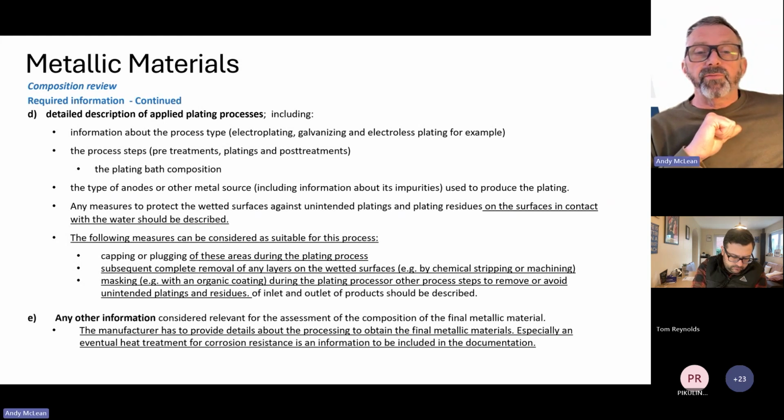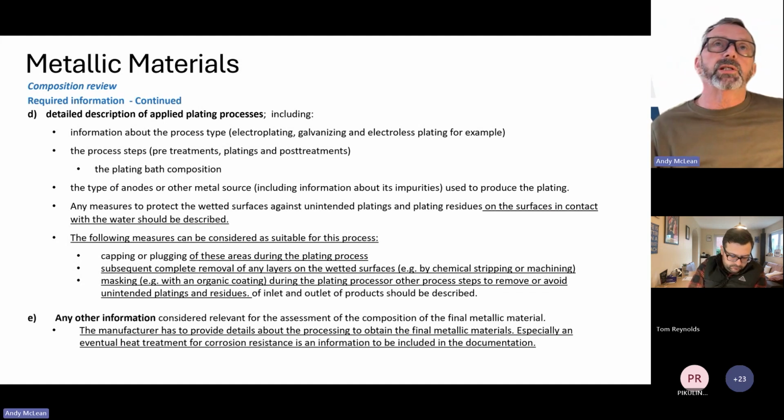And then any other information considered relevant for the assessment of the composition of the final metallic material. So processing can change the requirements of the material. So when you present to the assessment body, they will want to know what you've actually done to that product.